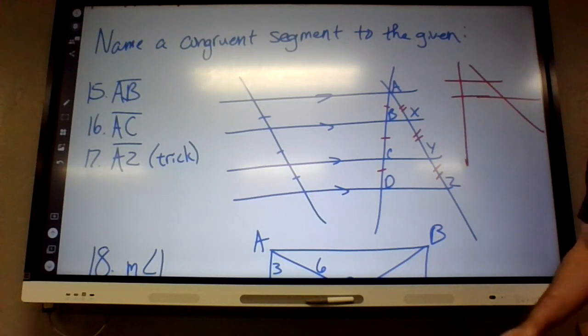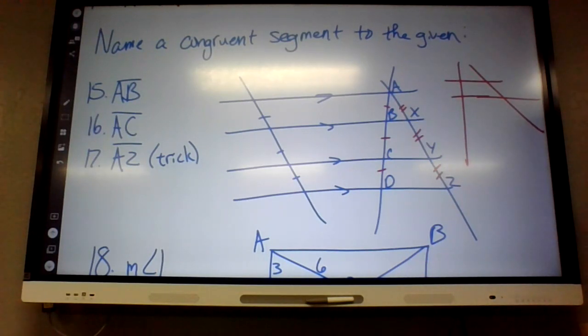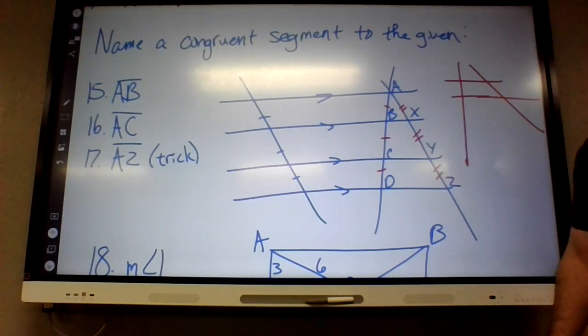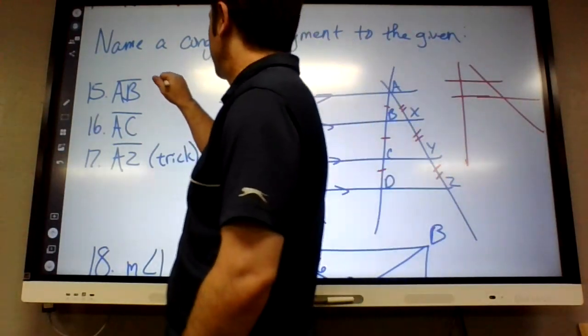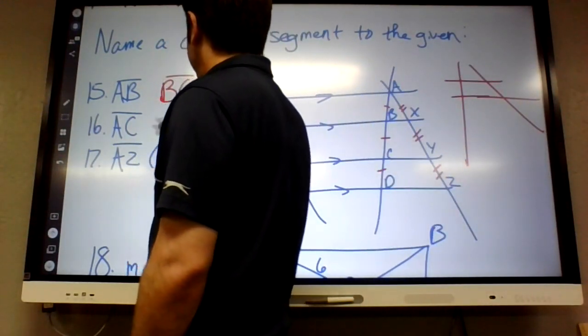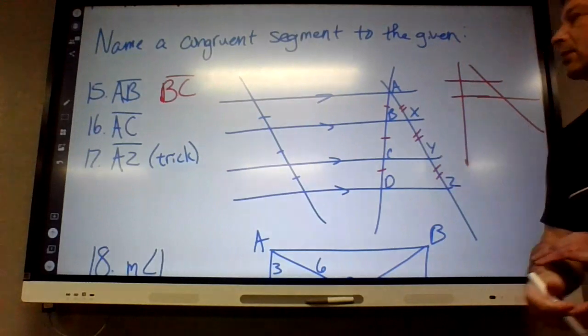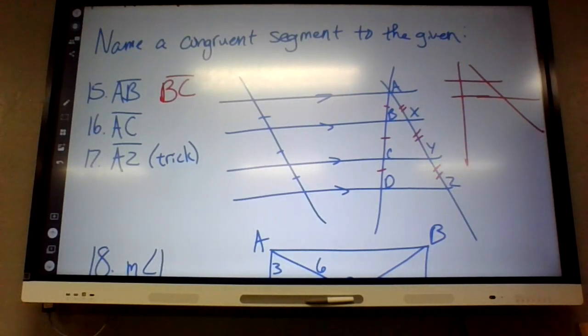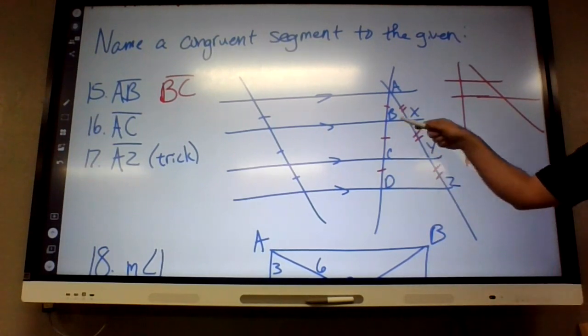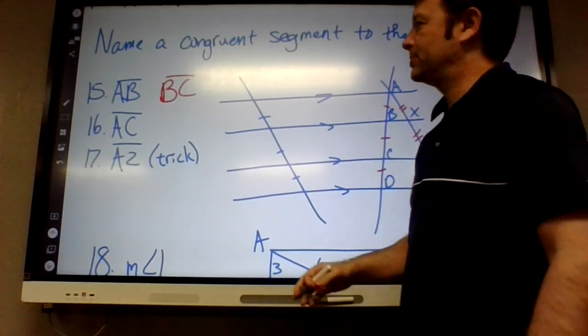Anyways, what's a segment that's congruent to segment AB? BC. BC or CD is kind of two options there. Let's say BC. What segment must be congruent to AC? BD, made of two of those little segments.